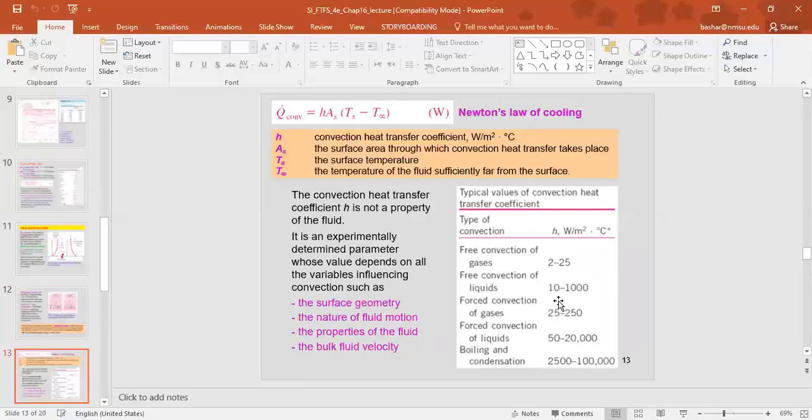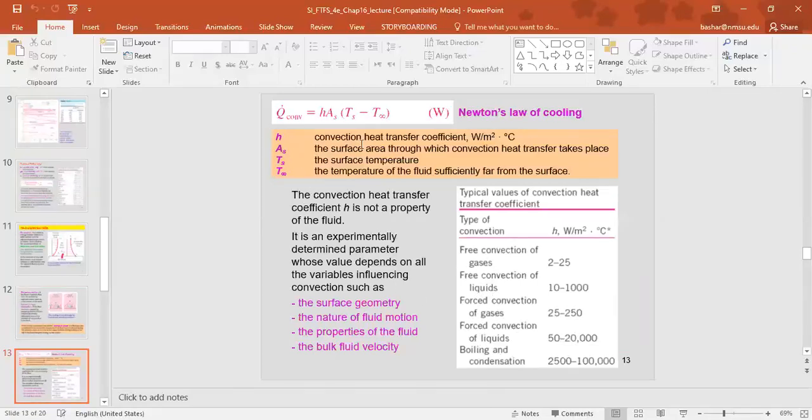Free convection of liquids is in the range of 10 to 1000. For forced convection of gases, it's in the range of 25 to 250. For forced convection of liquids, it's in the range of 50 to 20,000. For boiling and condensation, it is the highest, from 2500 to 100,000. Again, as we can see, there might be overlapping in values between these different sub-regimes of convection.